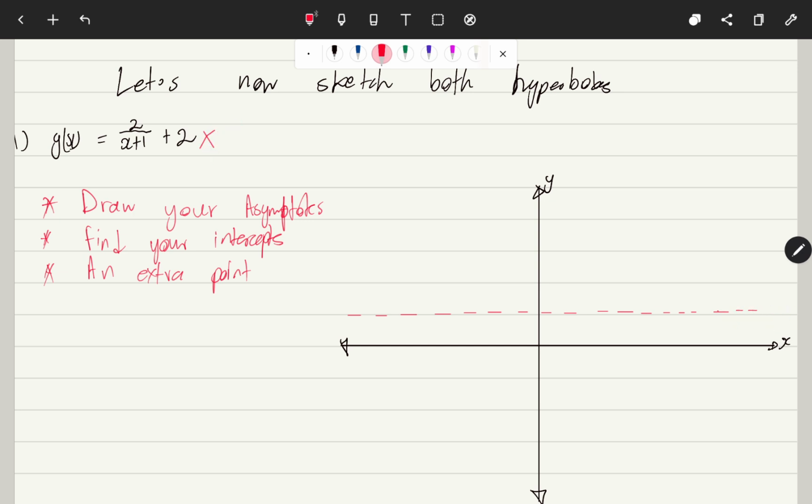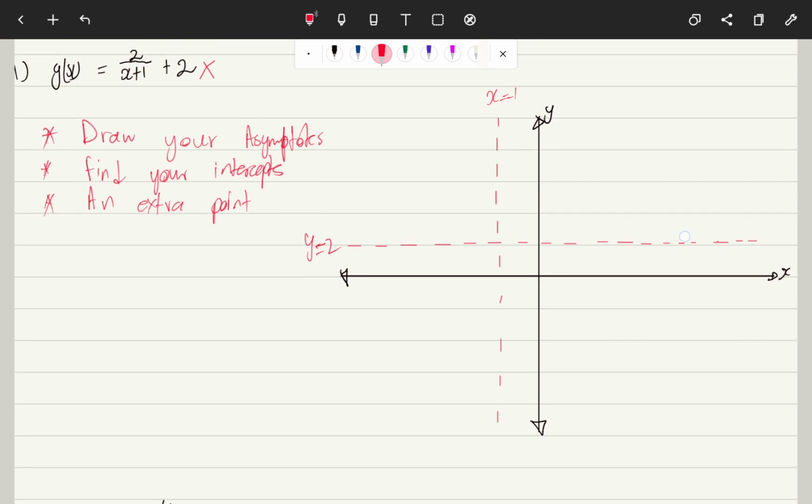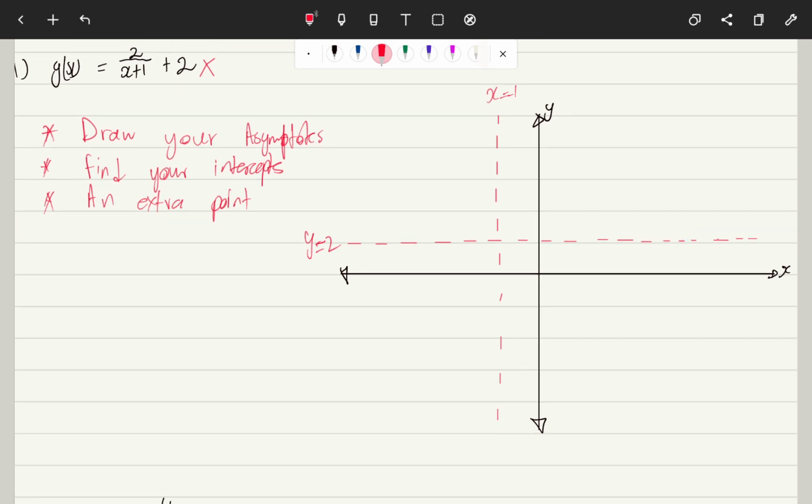Now my vertical asymptote, which is -1, is going to be right here. So x equals -1, y equals 2. I have drawn my asymptotes. Now I have to find my x-intercept and my y-intercept.